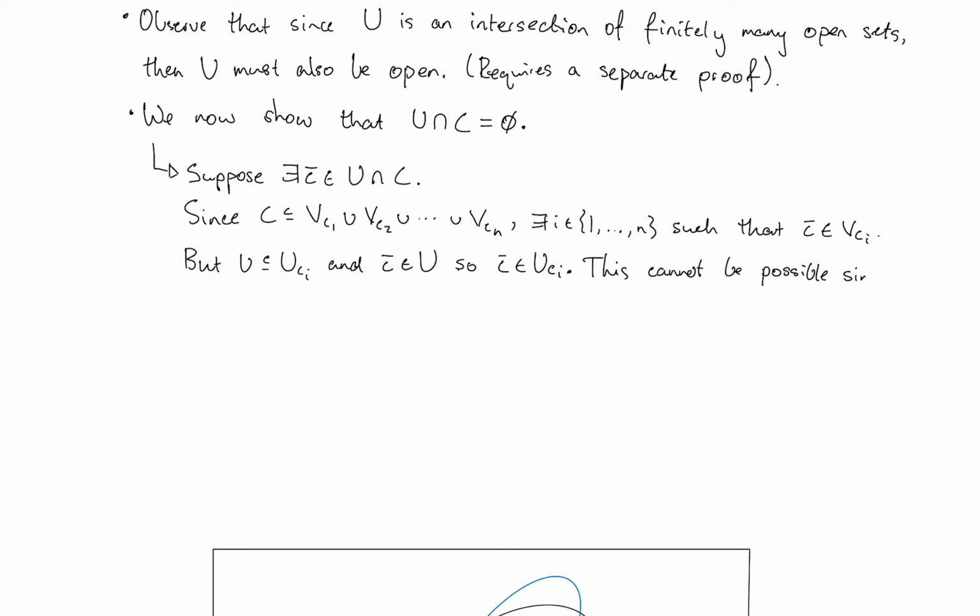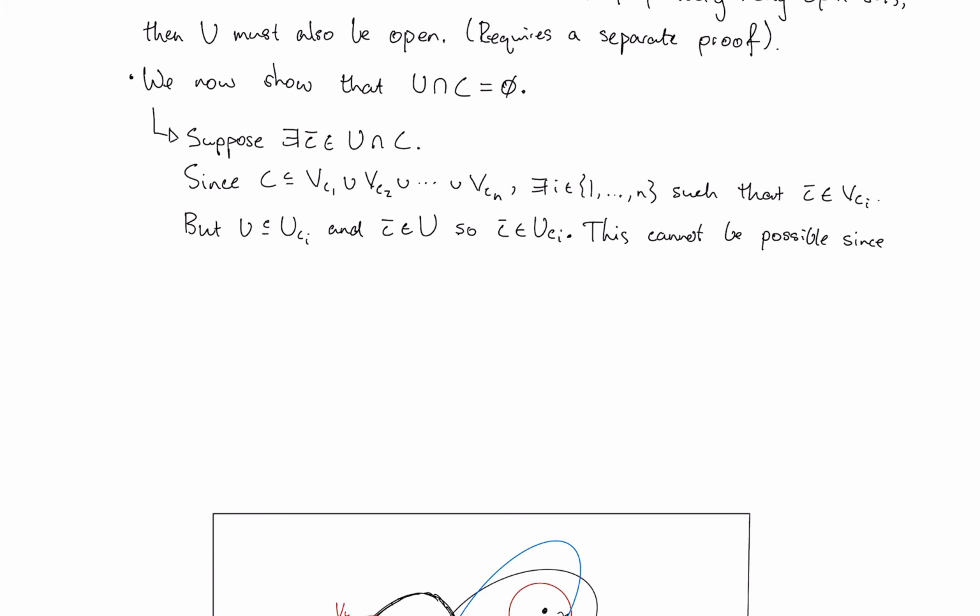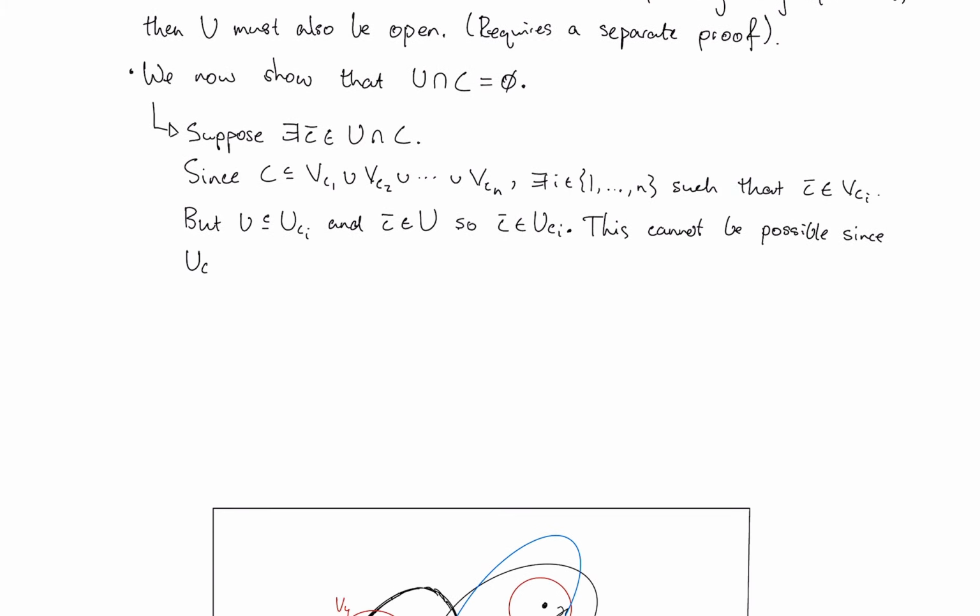Well, we know that as we've defined it, an open neighborhood U and another open neighborhood V are disjoint, since X is Hausdorff. So this cannot be possible since UCi and VCi are disjoint. And that's since X is Hausdorff.